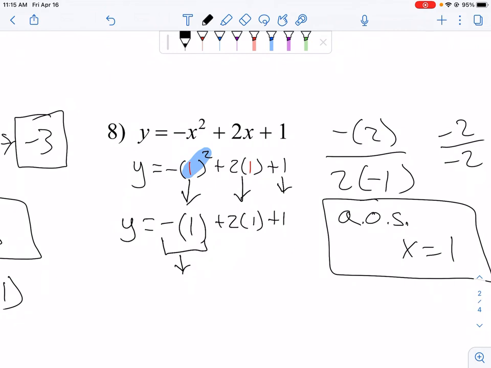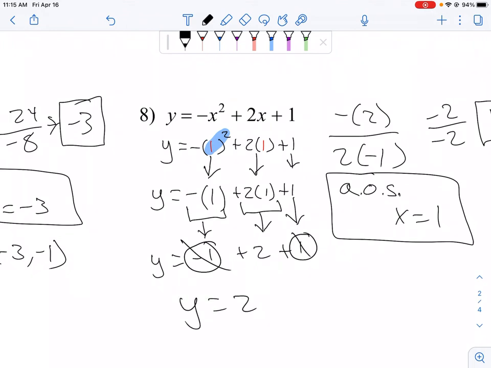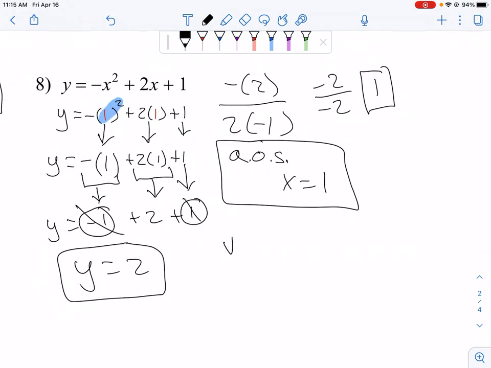Negative, remember, means the opposite. So the opposite of a positive 1 is just a negative 1. And then 2 times 1 is just positive 2. And then positive 1. However you want to put these together, I see negative 1 and positive 1 are going to cancel each other out, so that y equals 2. Any way that you put that together, you're going to end up getting a 2. And then we write it as our vertex, which is a point. Our vertex here is x equals 1, y equals 2.